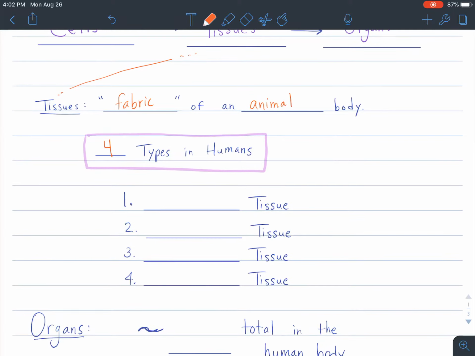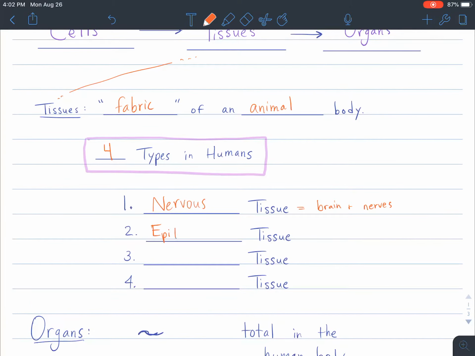The first type of tissue that I'm going to define is nervous tissue. Now, this doesn't mean you're nervous to go step in front of a bunch of people, but it means like your nervous system. So this is things like your brain or any of your nerves, like those things that run down your spinal cord. The second type of tissue, this is a fun word here, epi, which means on top of.